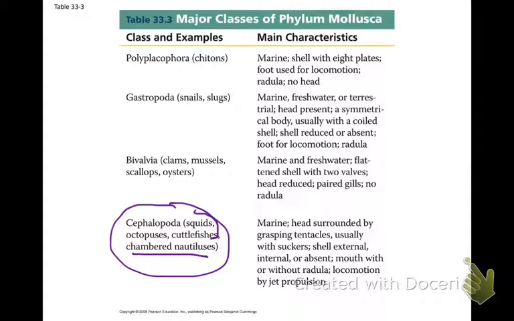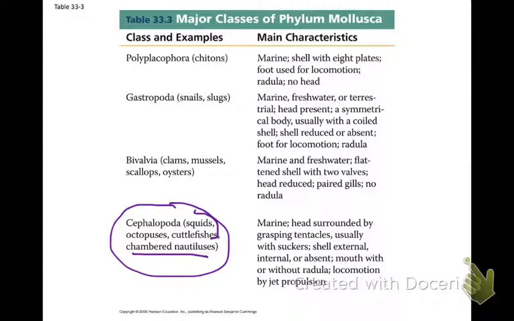The head consists of the mantle, which is covering all of the internal organs, and then they have a mouth that is surrounded by grasping tentacles, which have suckers, which are used to capture prey.